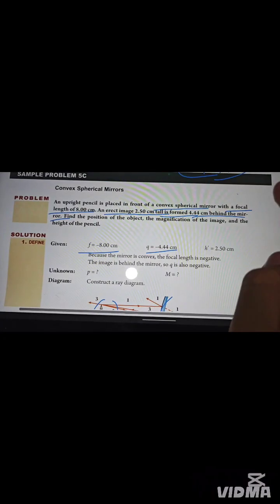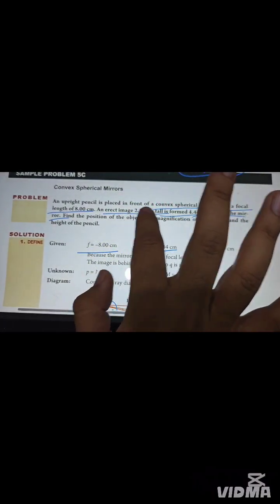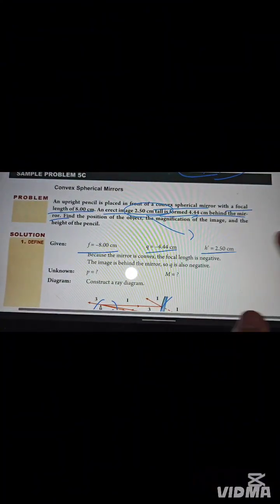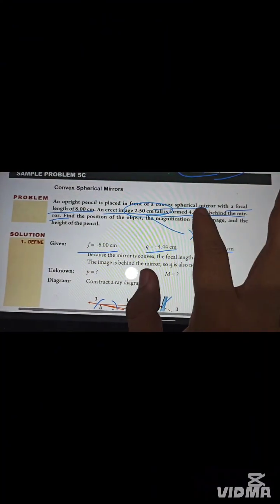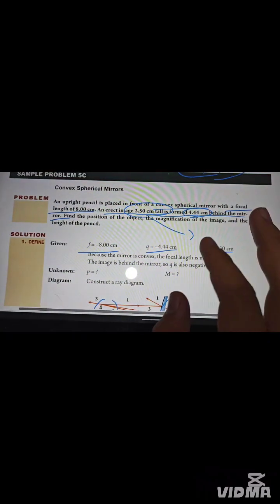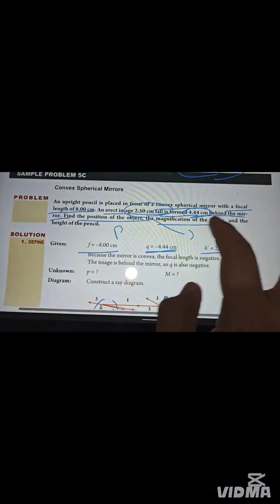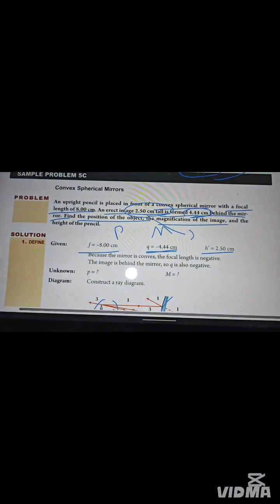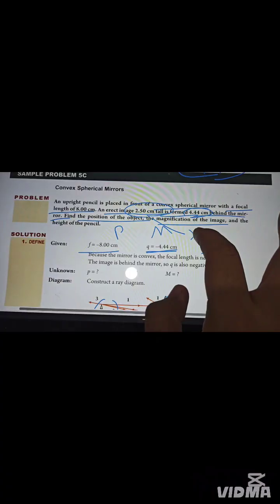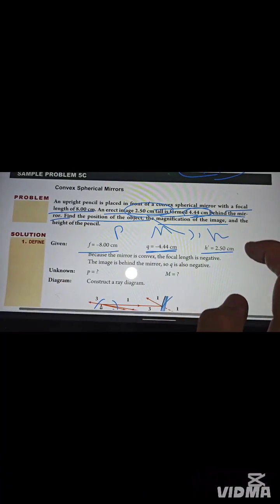Because it is written tall, this is the height h dash and it must be positive, but this is the image behind the mirror, a virtual image, so q must be negative. Find the position of the object, find p, the magnification, find m, and the height of the pencil, find h.